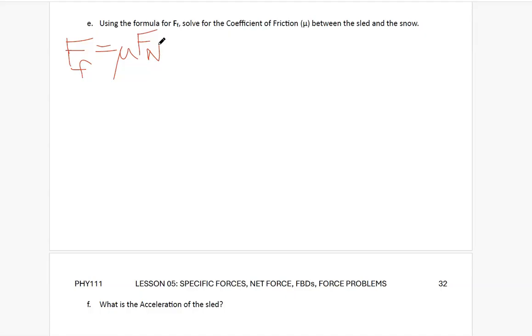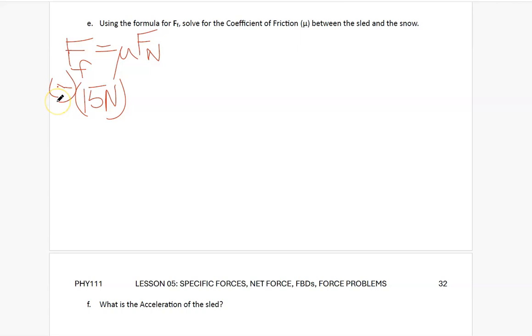We are told that the frictional force from the problem is 15 newtons. So if we plug these values in, we have 15 newtons. And you'll notice I am leaving out the negative sign.